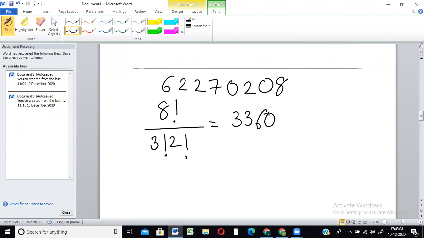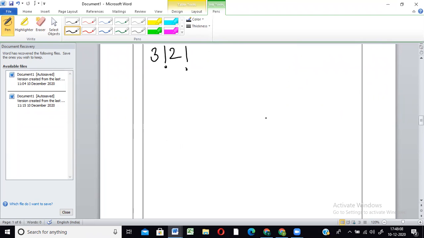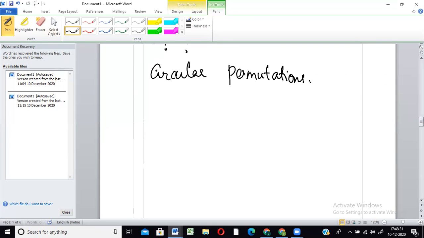Now we can come to circular permutations. That's the next topic. Circular permutation, as the name says, is whenever you have to arrange objects not in a straight line.